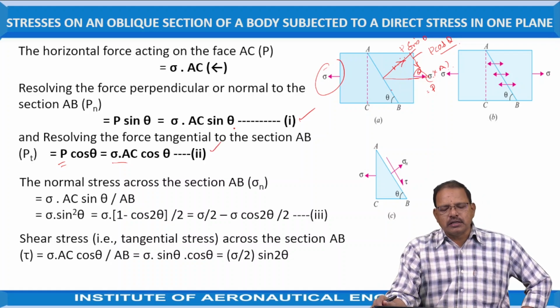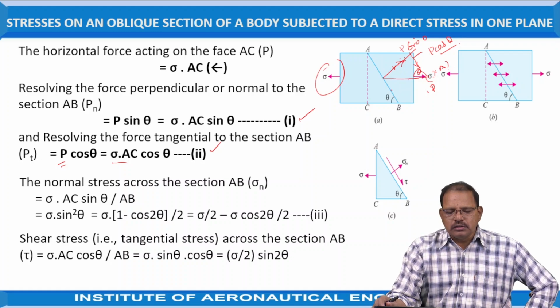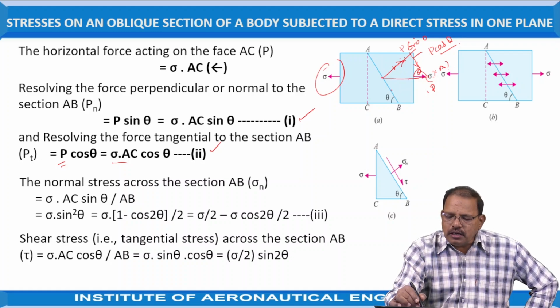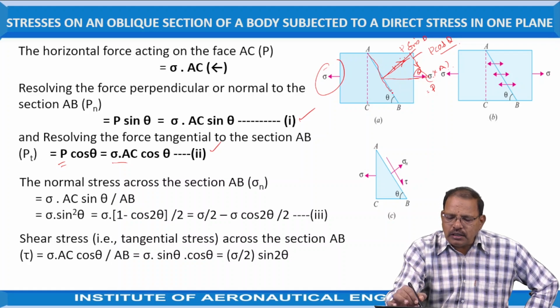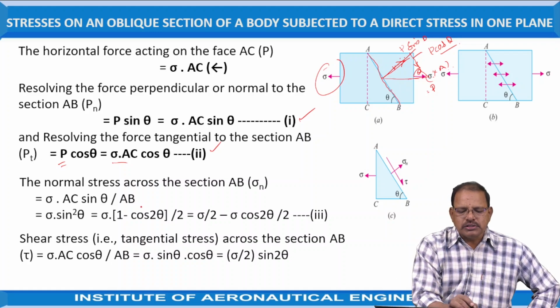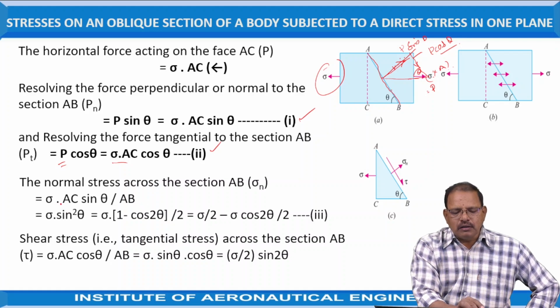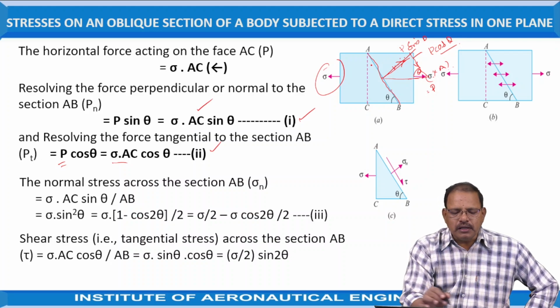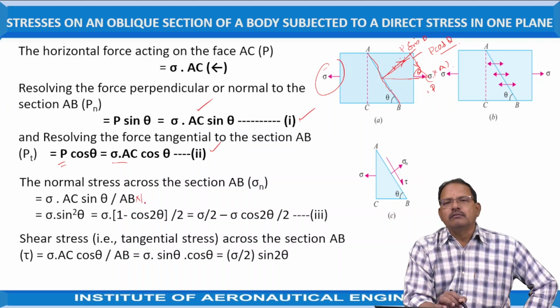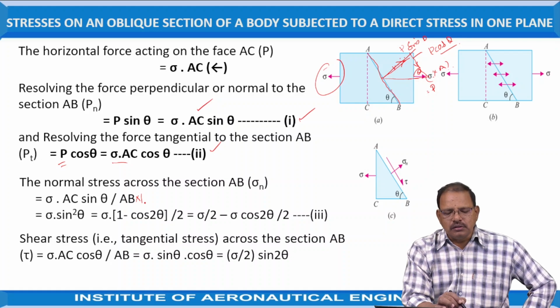So, the normal stress across the section AB is equal to P sin theta divided by the area of the cross section. Now, the force is sigma AC sin theta, already given in equation number 1, divided by AB into 1, because we have taken the unit as 1.